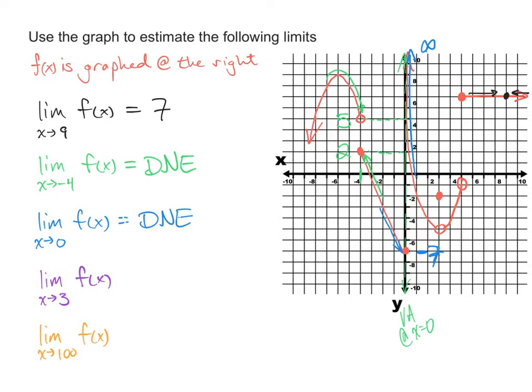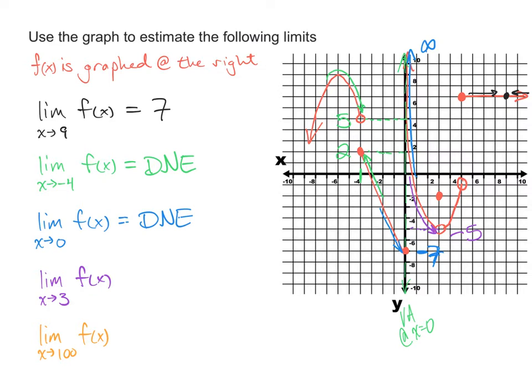So let's take a look very quickly at the next limit, the limit as x approaches 3 of f of x in purple. So as x approaches 3, this means we're traveling along the graph from the left side, and it looks like the graph is trying to approach a y value of -5.